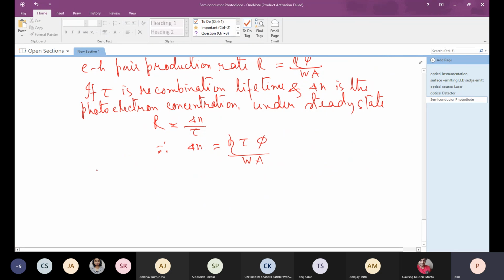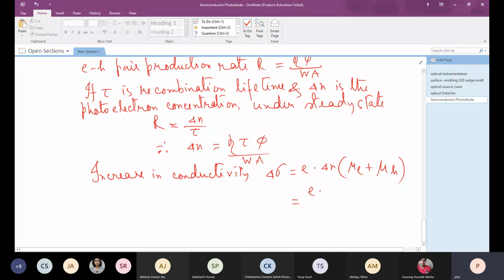Now the increase in conductivity delta sigma is equal to e into delta n, and proportional to the mobility of the electron and the hole, mu E plus mu H. So this is equal to e eta tau phi times mu E plus mu H divided by WA.